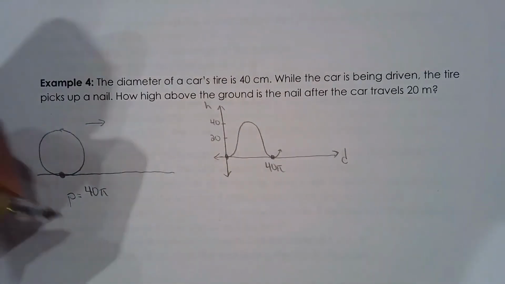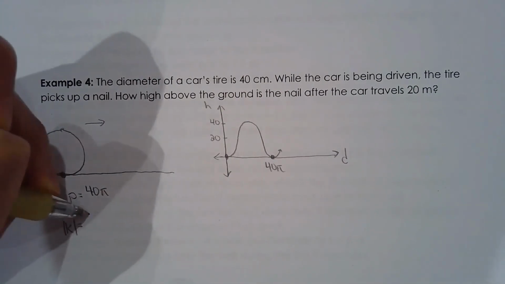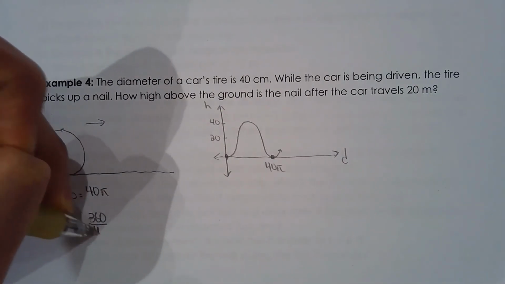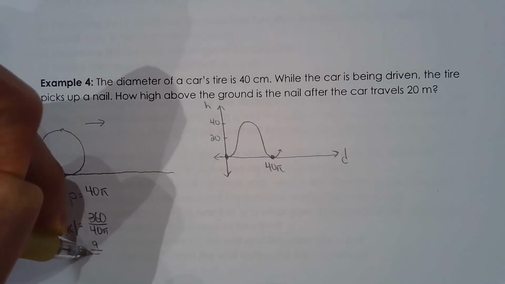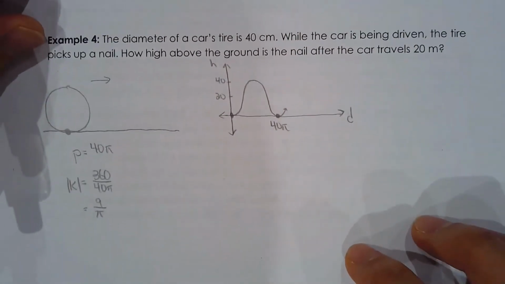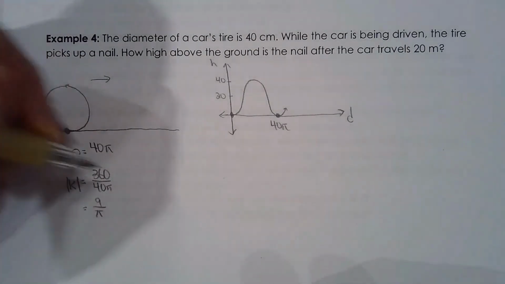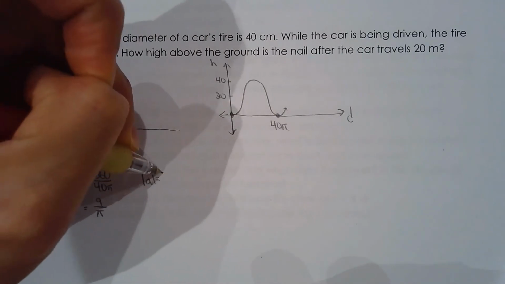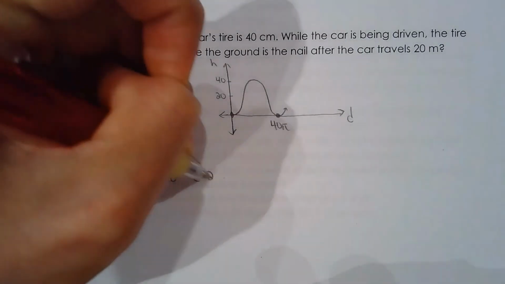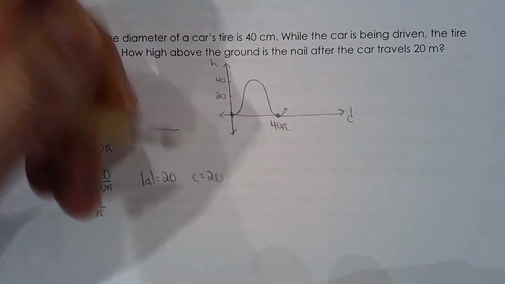which means your k value is equal to 9 over pi. I know that seems very strange, but that's your K value. We know amplitude, right? Amplitude is 20, C is equal to 20, D is equal to 0.